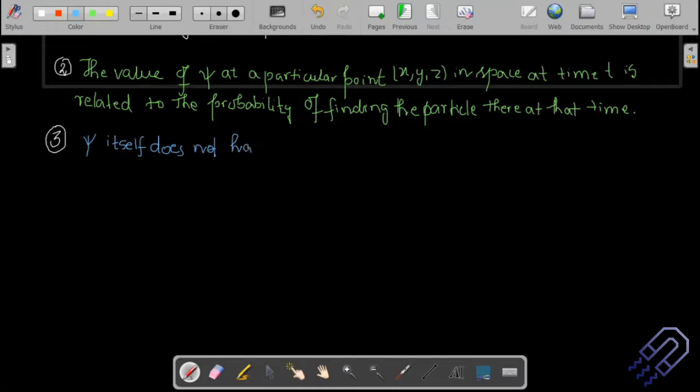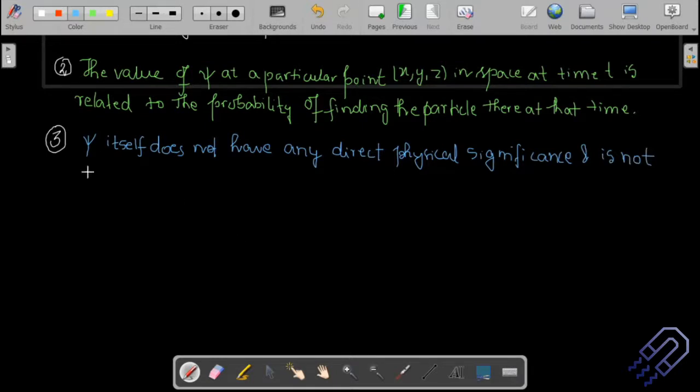So the next point: psi itself does not have any direct physical significance. This is important to understand. Direct physical significance, and is not experimentally measurable.